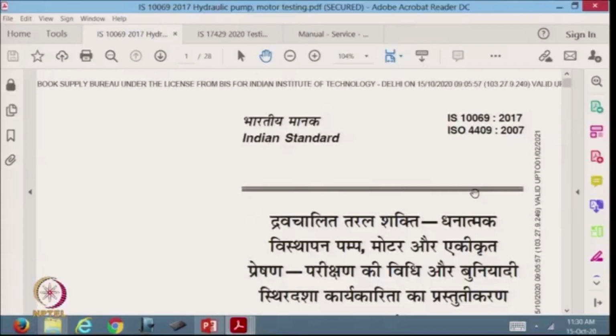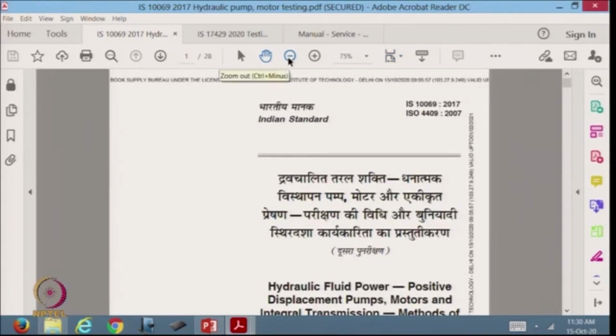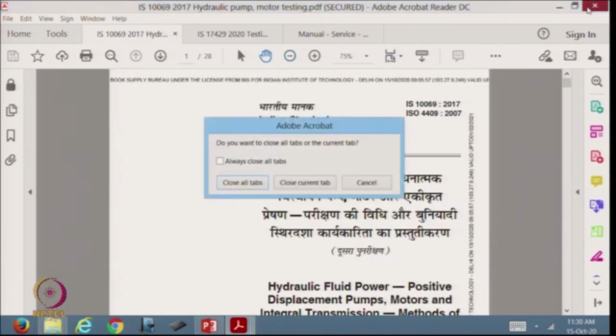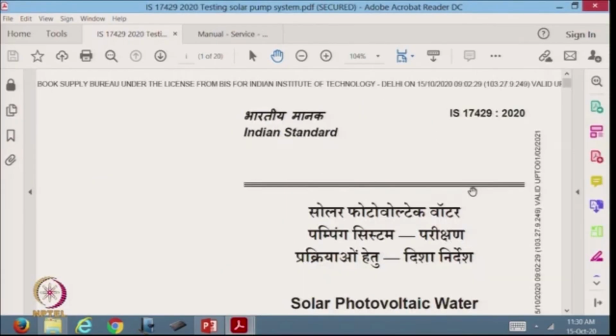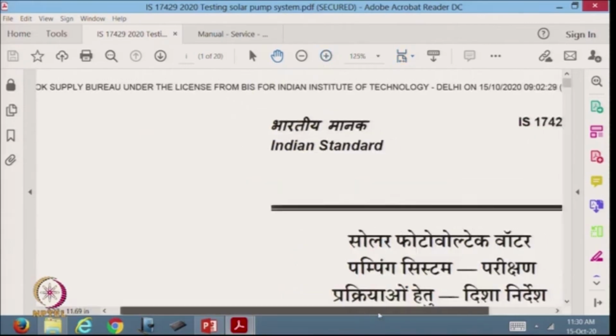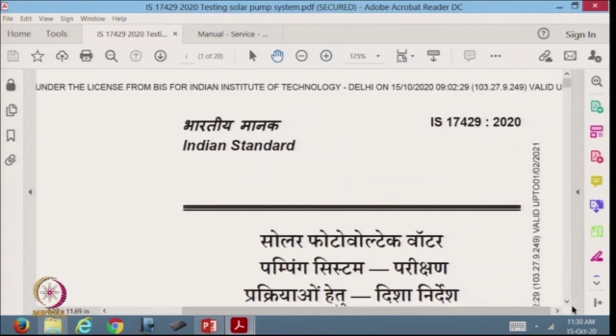Third example, this one we will skip, I won't worry about this one. Yeah, there is a lot of talk, and you would have seen in many places about solar operated pumps.